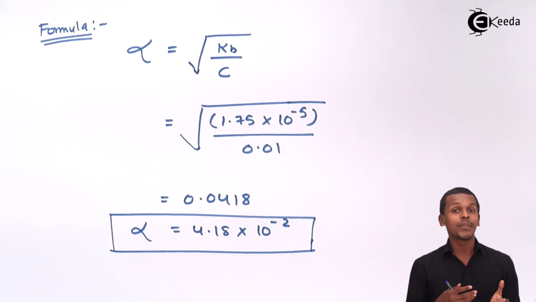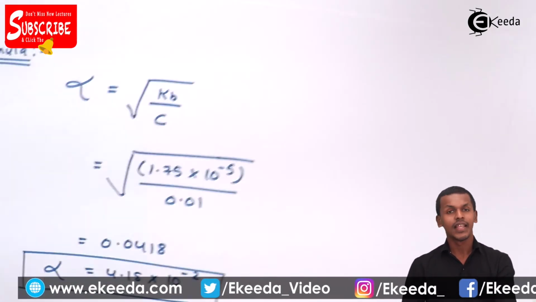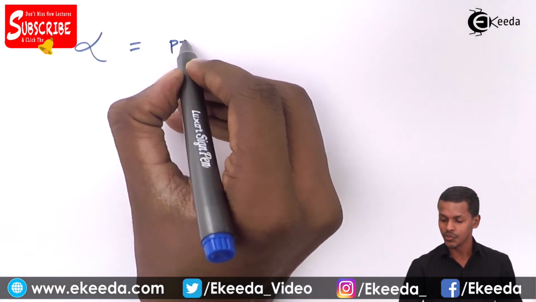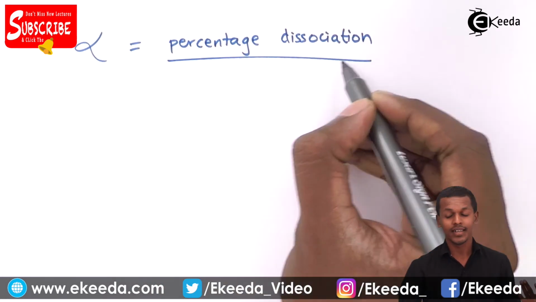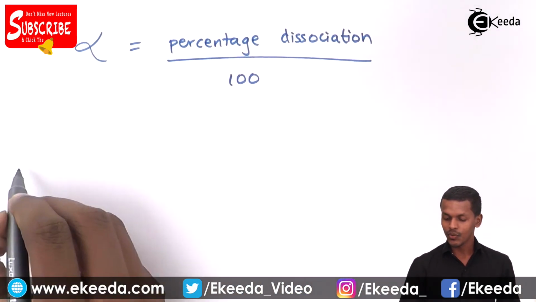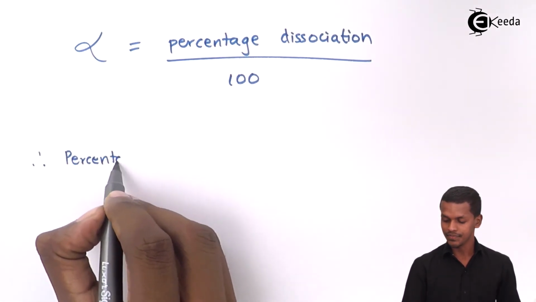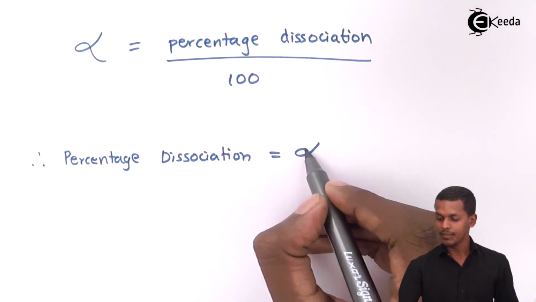Now we have to calculate the percentage dissociation. It is very easy to calculate, and we know that the formula can be written this way: the degree of dissociation is the percentage dissociation divided by 100. So the percentage dissociation will be alpha multiplied by 100.